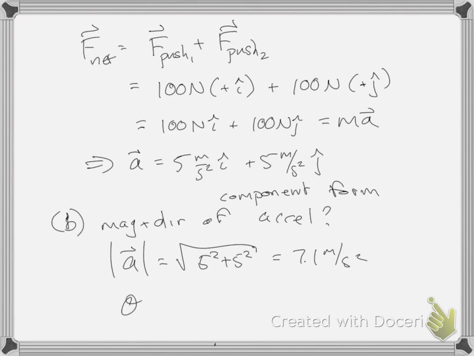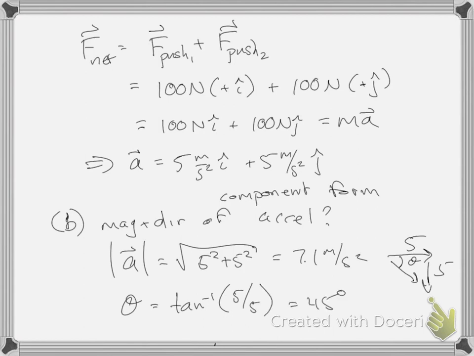And it has a direction. We've got to draw a picture. Let me draw a picture. Well, actually, you can probably see that since it's going 5 to the right and 5 down, that the angle theta is actually 45 degrees, but you can get that the angle theta is the inverse tangent of 5 over 5, which is 45 degrees.